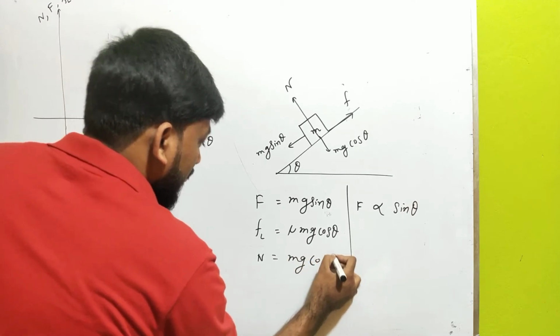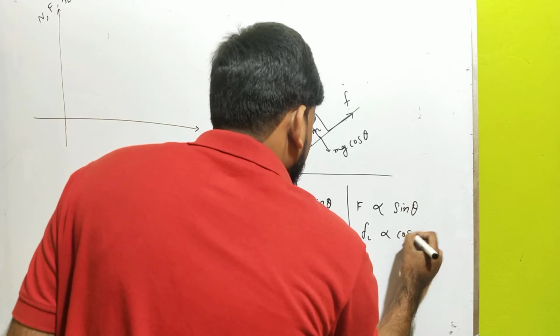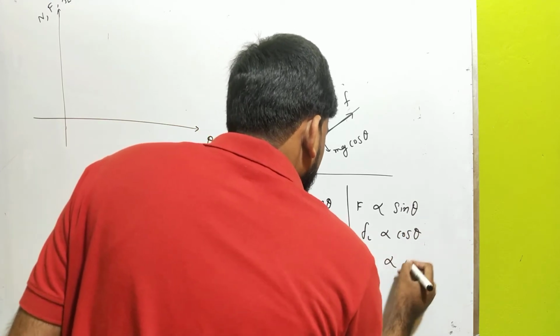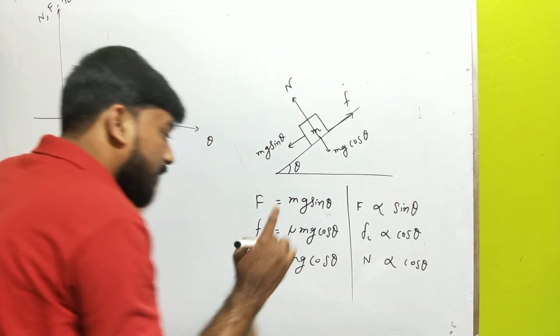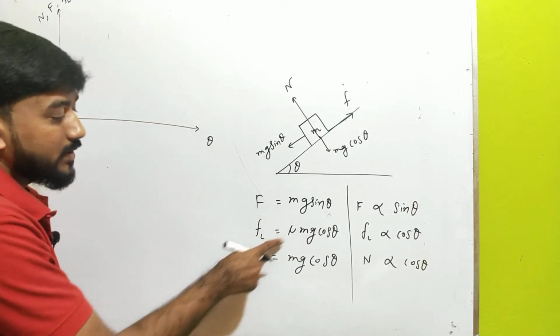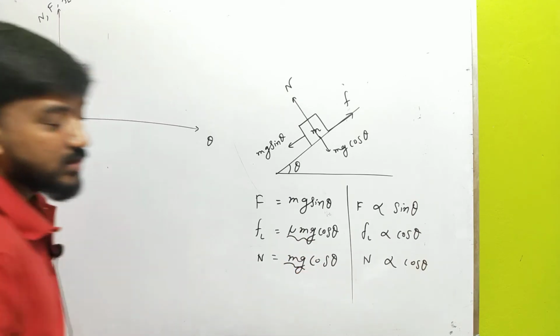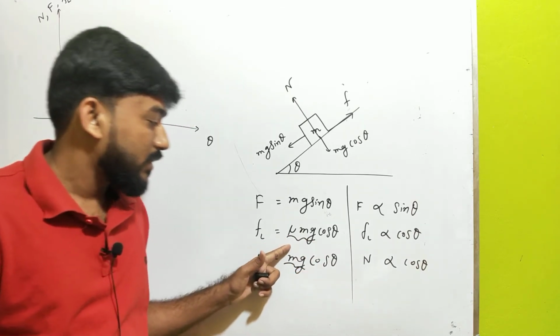So you can see here that FL is proportional to cos theta and N is also proportional to cos theta, but the maximum values of FL and N are different. Here the maximum value is mu mg and here the maximum value is mg, and mu is obviously less than 1.